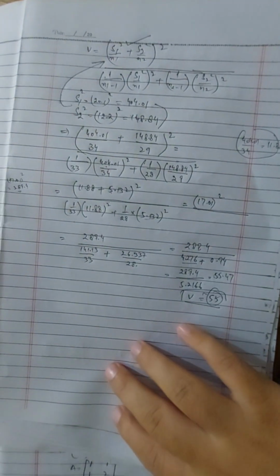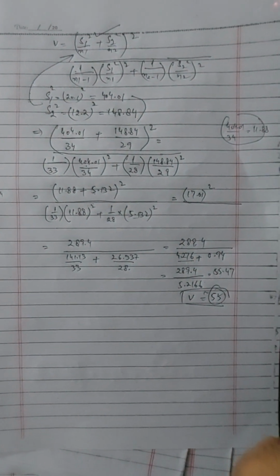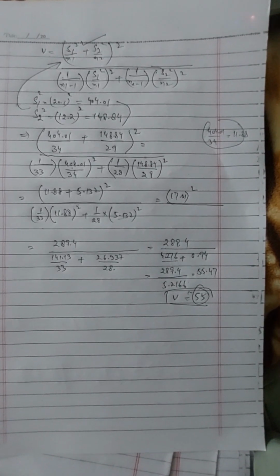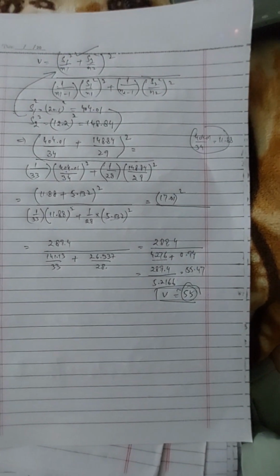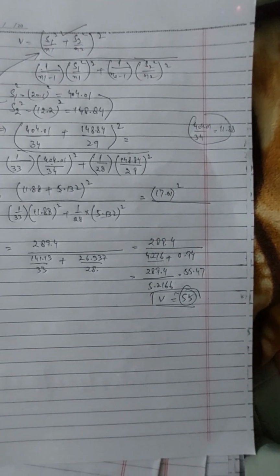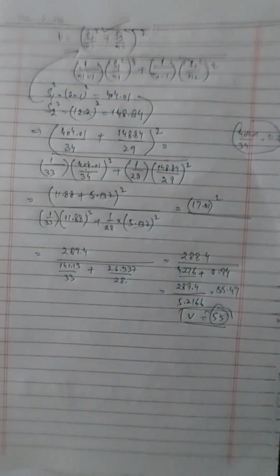Now that we found the degree of freedom as 55, the only thing left over here is to find the value of t from the t table and the multiplier of the t table, which is the square root of s1 square divided by n1 plus s2 square divided by n2. Okay, so let's find that also.